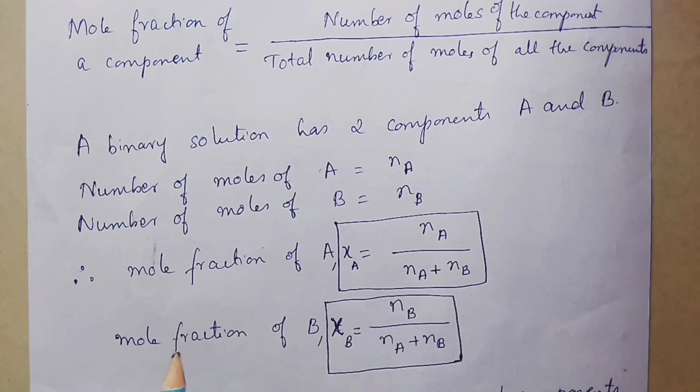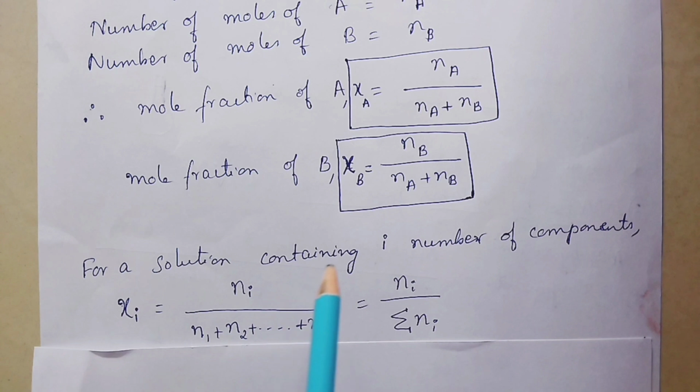Similarly, mole fraction of component B would be chi B is equal to Nb divided by Na plus Nb. For a solution containing I number of components, chi I would be equal to Ni divided by N1 plus N2 plus etc. plus Ni, that is equal to Ni divided by summation of Ni.